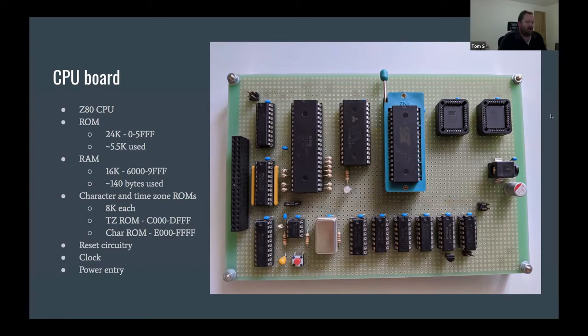The reset circuitry is not a 555, even though it's a little 8-pin package down there, but a voltage supervisor. So it'll hold the CPU in reset until the voltage rises above a certain level, at which point it will release it. But also, using a resistor and a capacitor, you can set an RC time constant to generate a pulse.